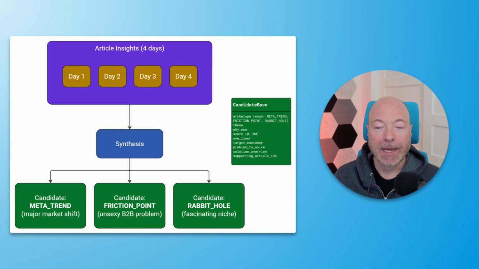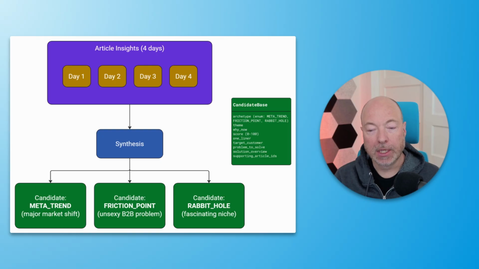We have a why now statement. So that's like, why is now the right time to invest in this? We'll assign a score that basically ranks the idea from 0 to 100 in terms of market viability. We'll have a one-liner that succinctly describes the idea. We will describe our target customer.